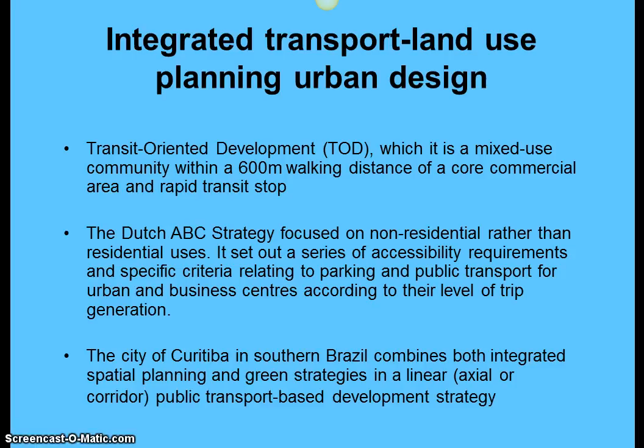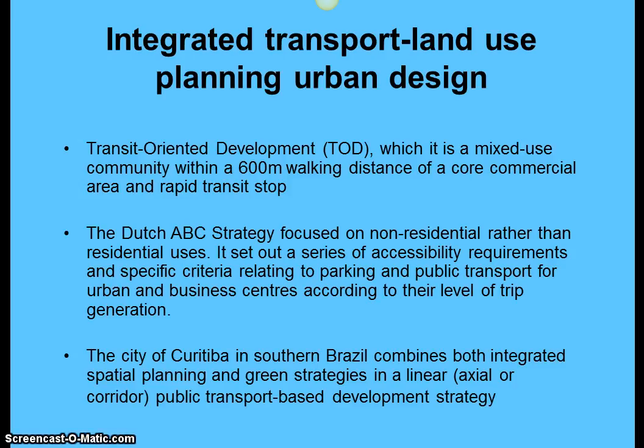They call it TOD, transit-oriented development, which is a mixed-use community within 600-meter walking distance of a core commercial area and rapid transit stop. So the development is actually higher density surrounding the transit station. Or the Dutch ABC strategy focuses on non-residential rather than residential uses.